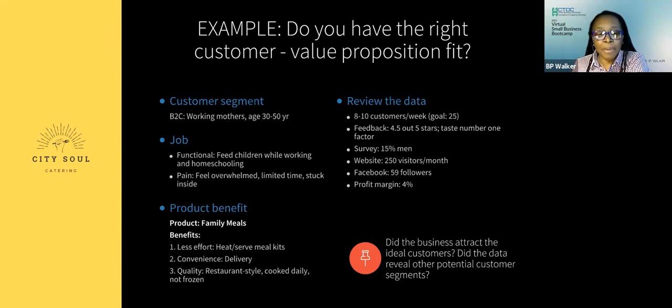And notice how I wrote that up. I listed the benefits first and then the product feature. So the benefit is that it takes less effort. The product feature is that it's a heat and serve meal kit, because you want to indicate to the customer how it's going to benefit them. By just saying it's a heat and serve meal kit, they might not gather what you're trying to say.